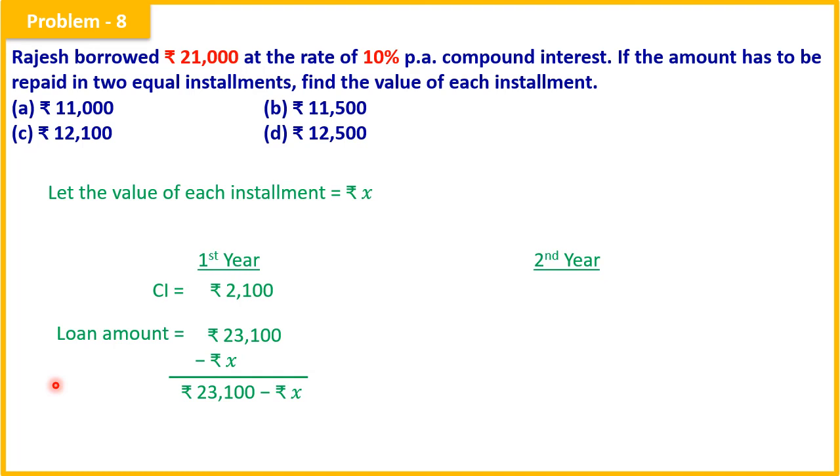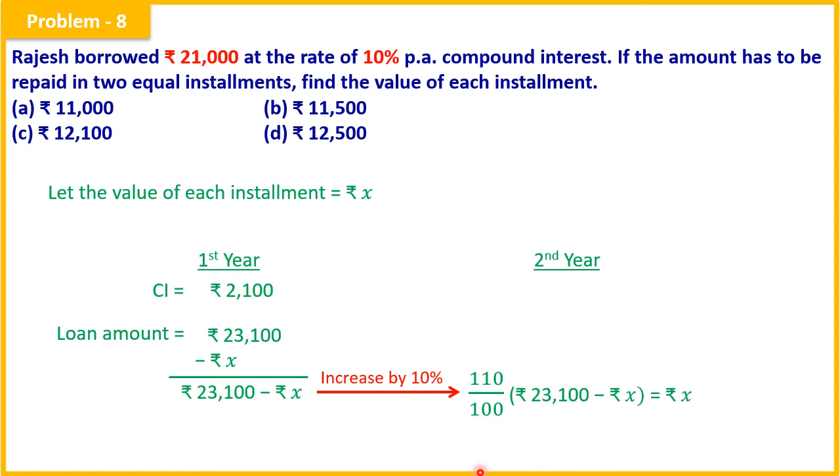अब ये बचा हुआ लोन अमाउंट will grow and increase by 10% in the next year. सो ये लोन अमाउंट कितना हो जाएगा नेक्स्ट ईयर? It is equal to 110 by 100 of 23,100 minus x, as it is growing by 10%. और ये जो ग्रो होगा उसको वो सेकंड इंस्टॉलमेंट में रीपे कर देगा जिसकी वैल्यू x होगी.